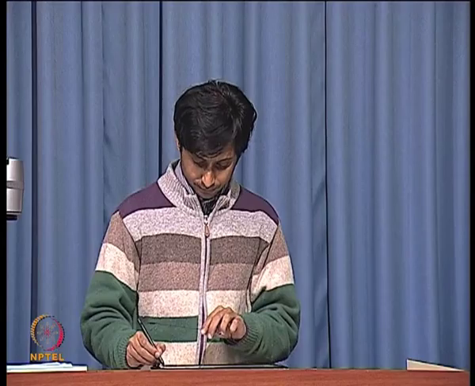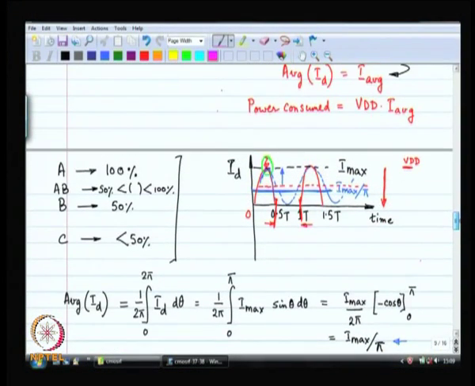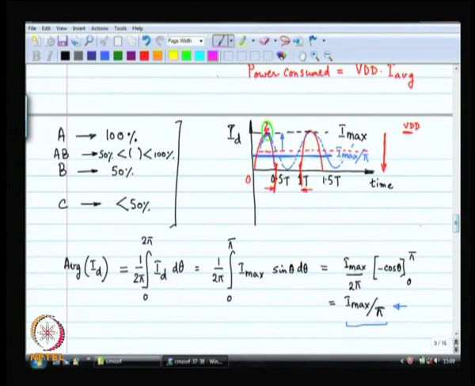That means that the average current drawn from the power supply, remember here we got an average current of I max by pi, that average current is dropping. If you conduct all the time, the average current is going to be I max by 2 or something like that. We are going down as far as the average current is concerned.